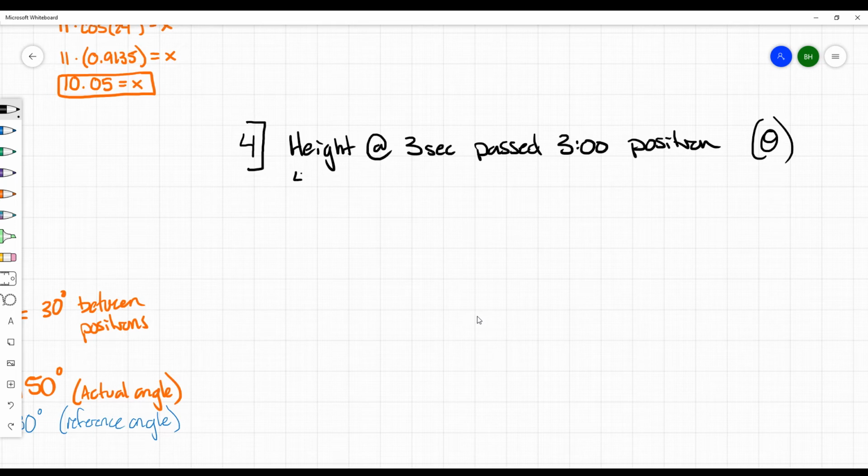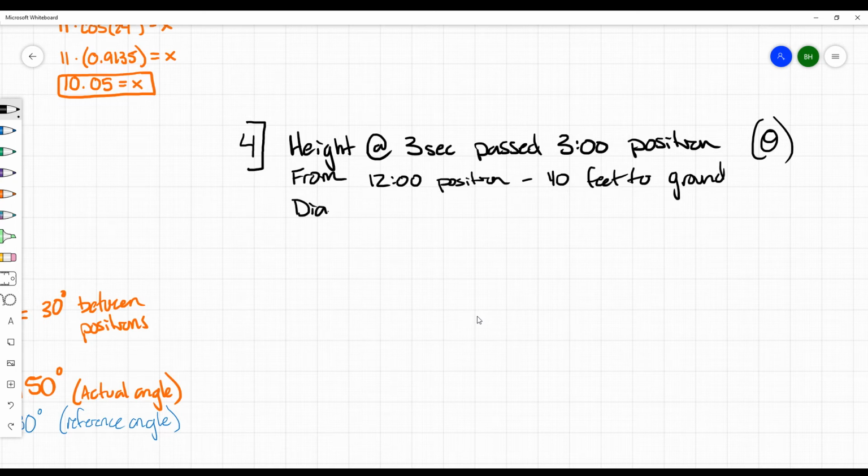We also know that from the 12 o'clock position, it's 40 feet to the ground. Well, that's not D yet because D is from the center to the ground. This is a different value, so we need to think about this. And it gave us the diameter of the Ferris wheel, which is 32 feet.